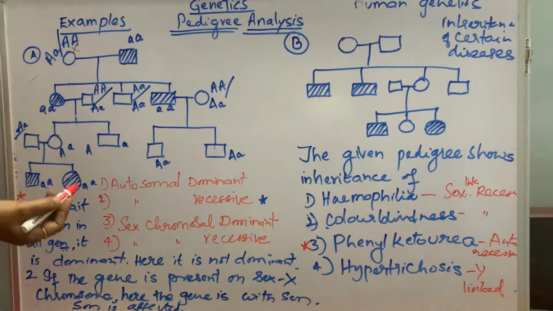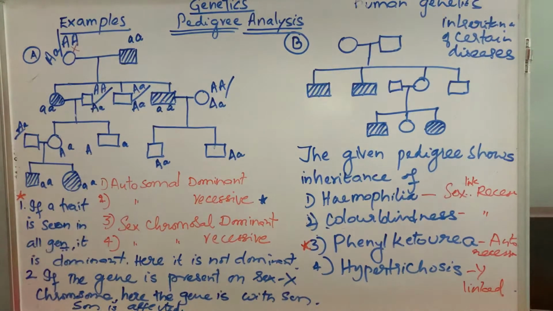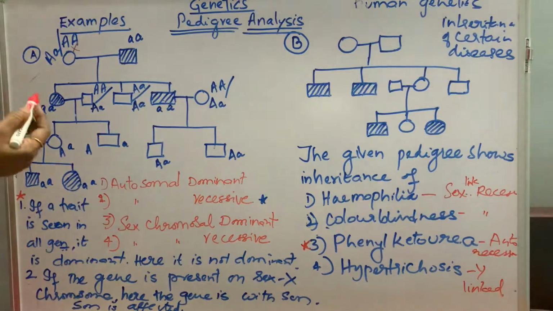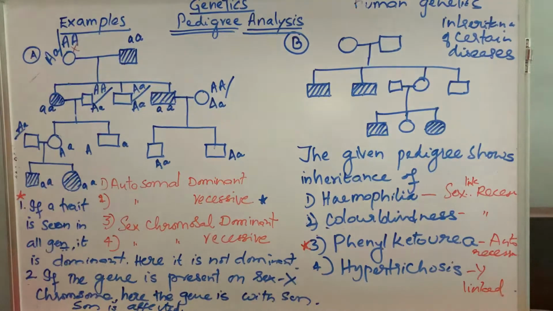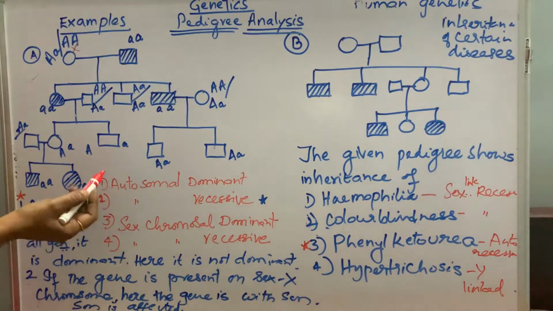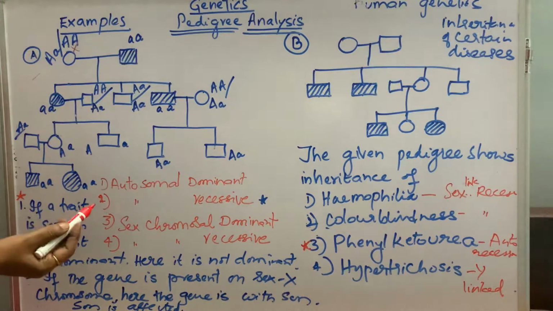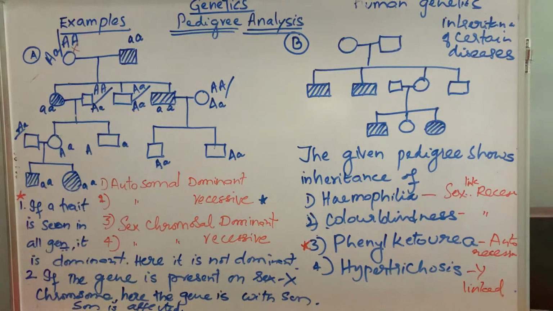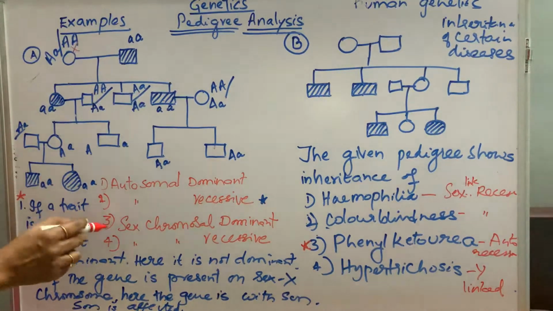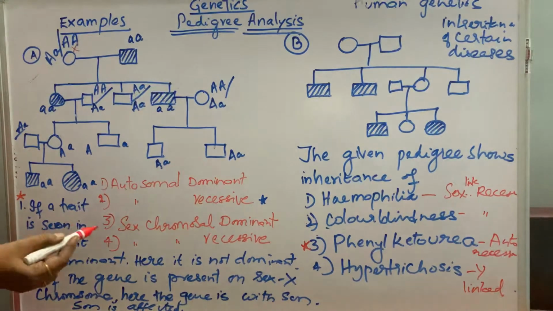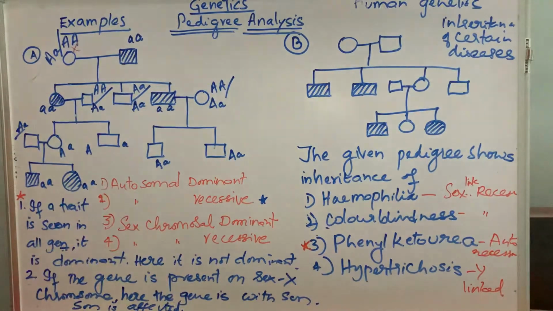So here 4 options are given. We have to conclude what type of disease it is, whether it is autosomal dominant or autosomal recessive, whether it is sex-linked dominant or sex-linked recessive.